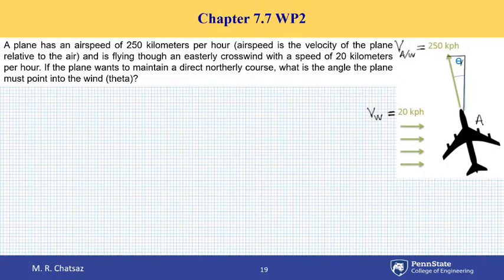So this is the vertical component of VAW, the VAW Y component, and this is the VAW X component to the left. So that's what we can see as far as the diagram is concerned.